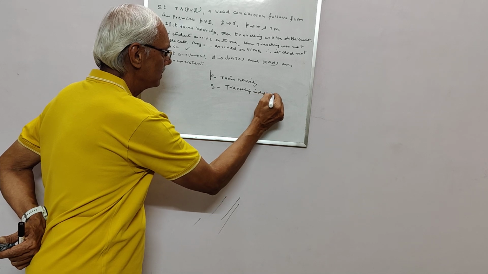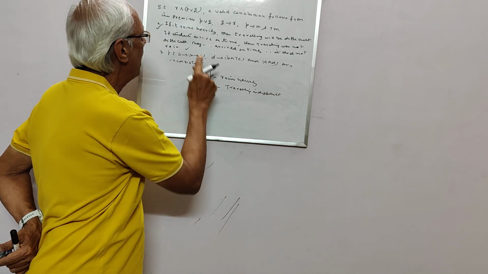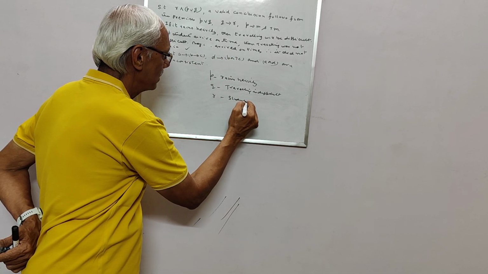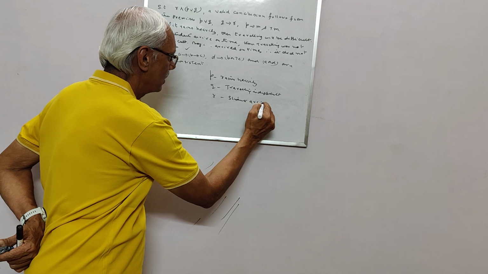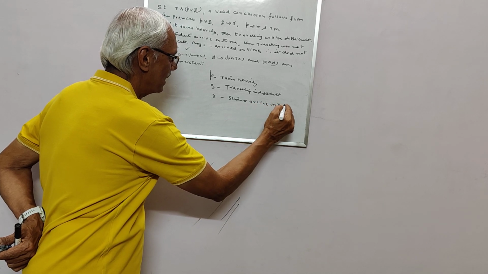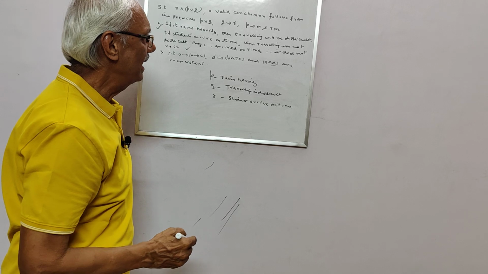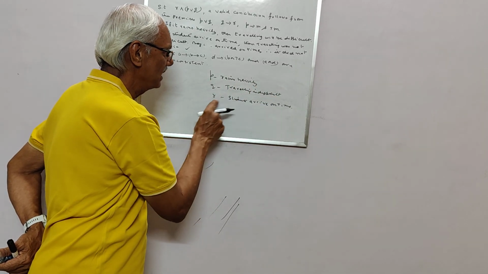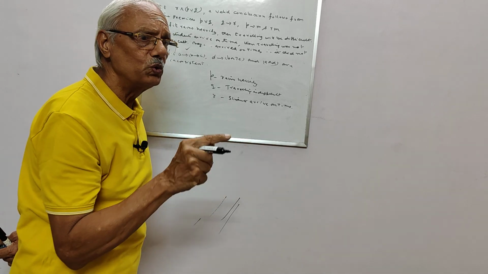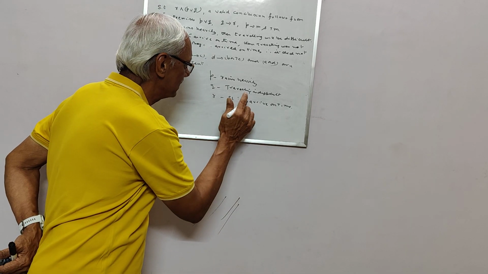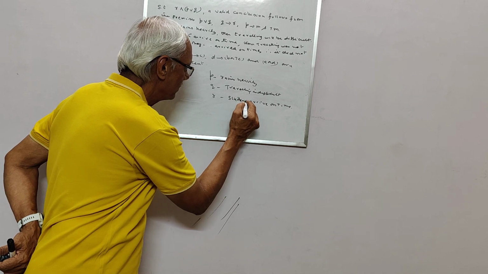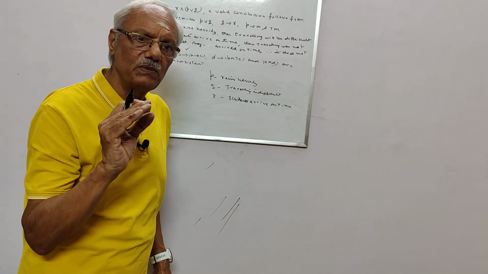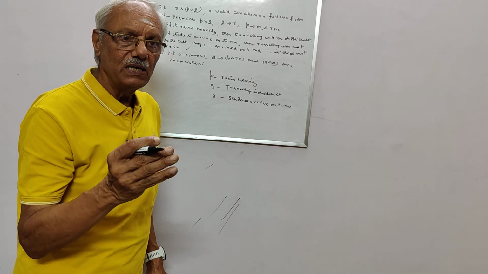Then R means students arrive on time. So P means rains heavily, Q means traveling is difficult, and R means students arrive on time. These are the premises given to us, and now we have to form the compound propositions.